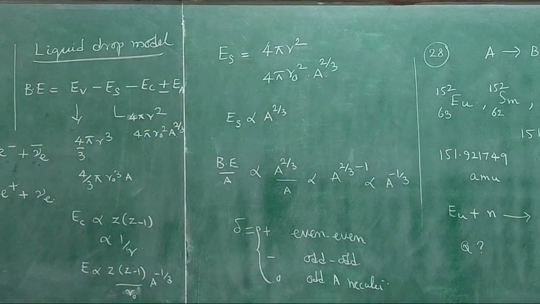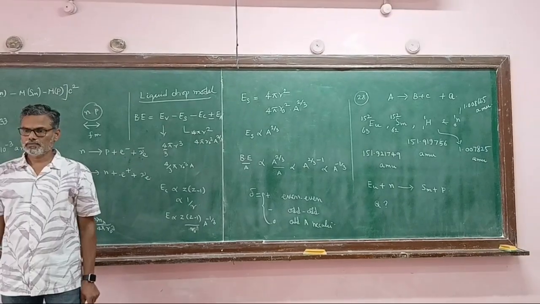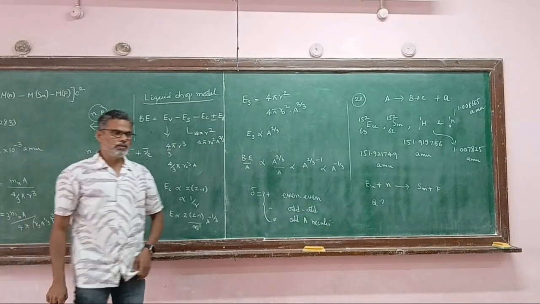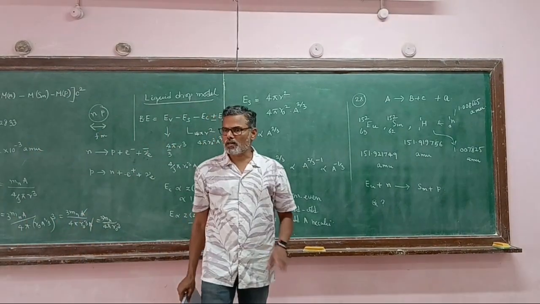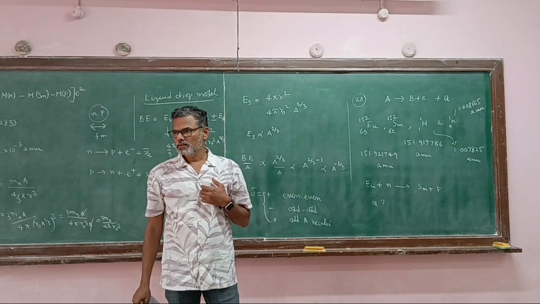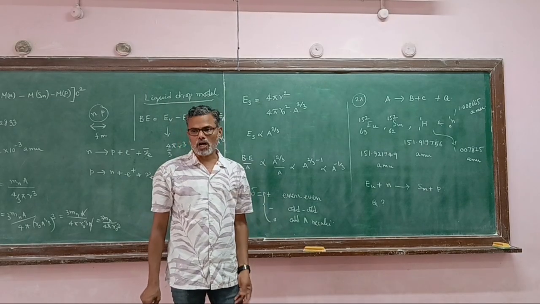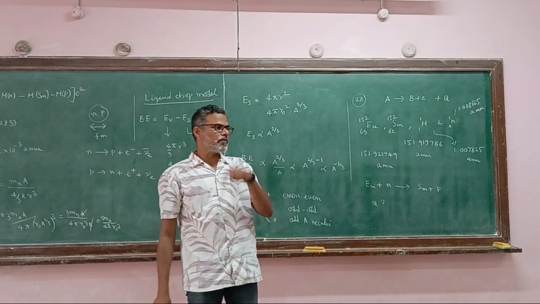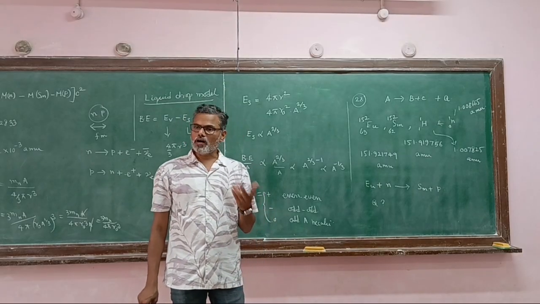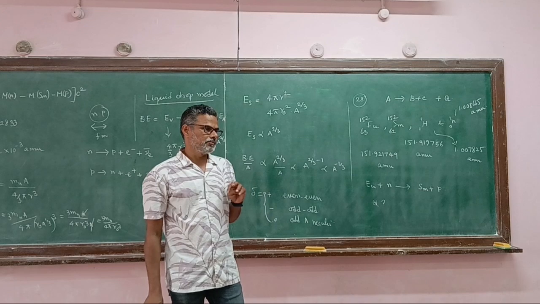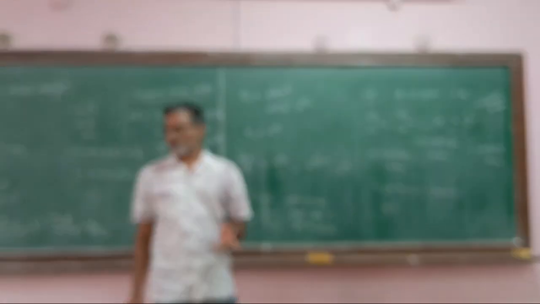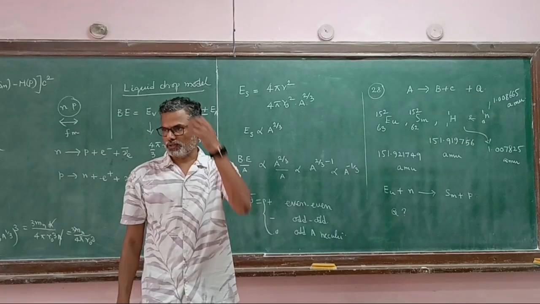So what is odd A nucleon? How do you understand an odd number of nucleons? The moment you say odd number, neutron plus proton is an odd number. That means any one of them can be odd or even. It's a mix: one odd and one even, if you add them, you get an odd number.